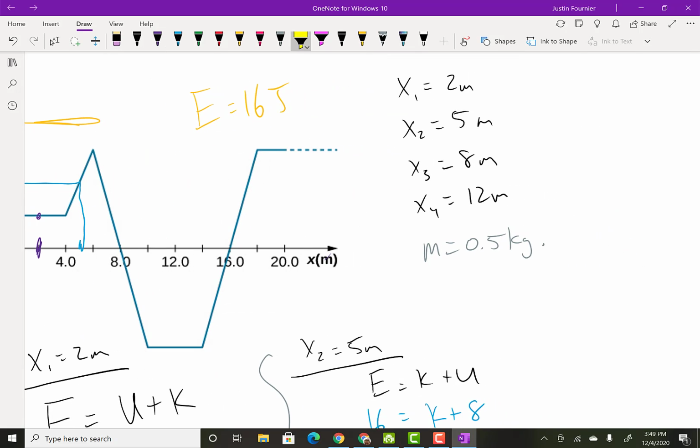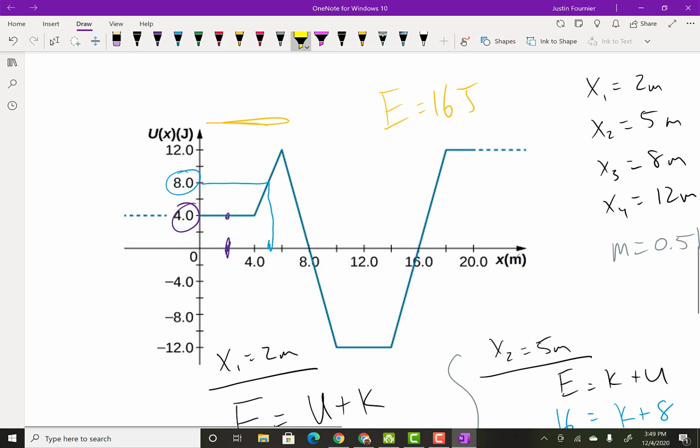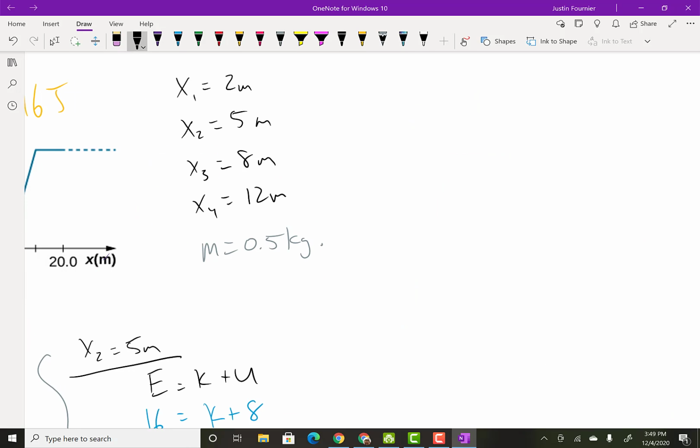Next up is 8. At 8, the potential energy is equal to 0. So this is x3 equals 8 meters. Total energy is the kinetic plus the potential energy. Potential energy, though, I just found out was 0. So that means 16 joules is what the kinetic energy is equal to.